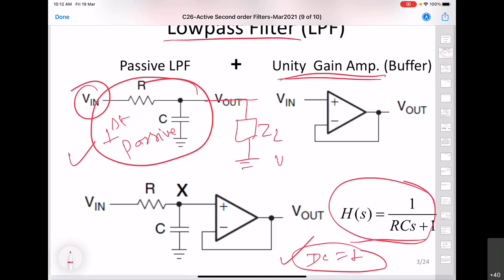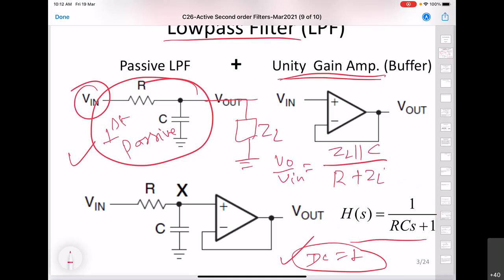In this case, V out by V in will become ZL in parallel with this capacitor C, divided by R plus ZL in parallel with C. So here you can see that this transfer function in general will not be the same as this one, what we have obtained after putting this op-amp, or what we obtain when ZL is infinite, right?